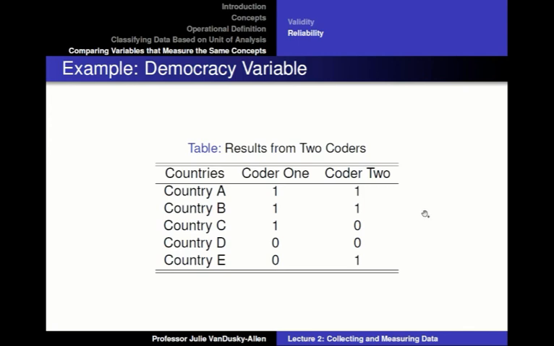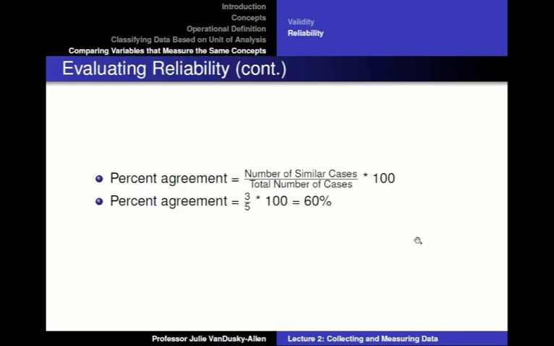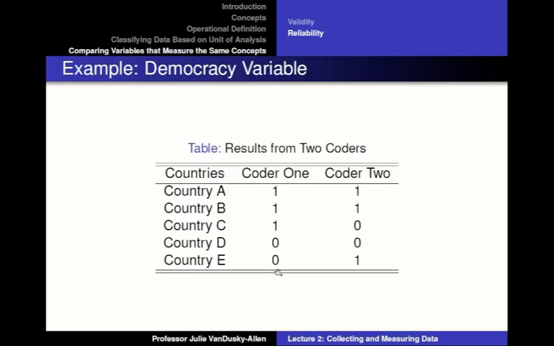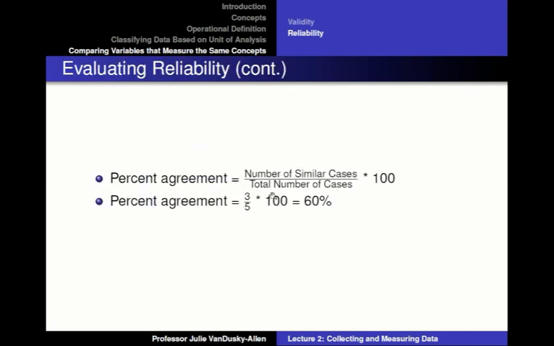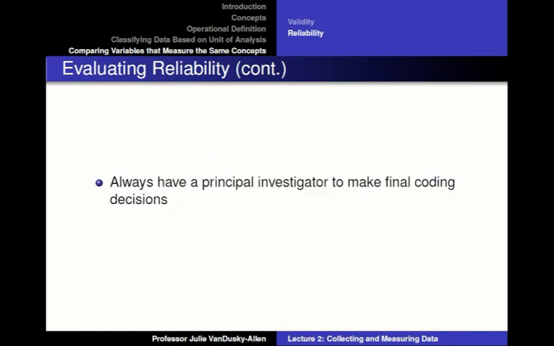So in this example, coders 1 and 2 agreed upon the codings for country A, country B, and country D. The percent agreement measure would then be 3, the total agreed upon cases, divided by 5, the total cases, times 100, or 60%. If you do find out that a variable has a low intercoder reliability score, one solution is to have a principal investigator make the final coding decisions for observations that are coded differently by different coders.